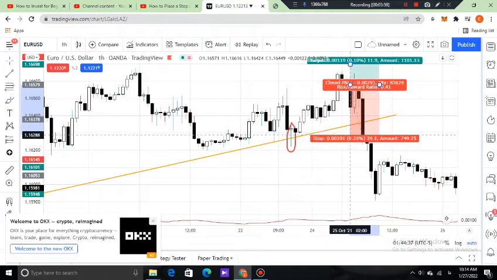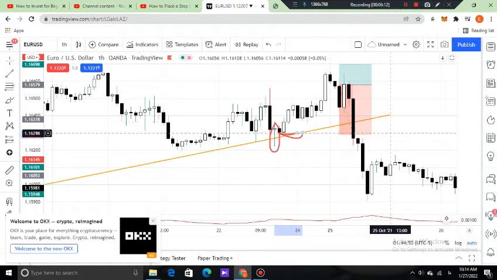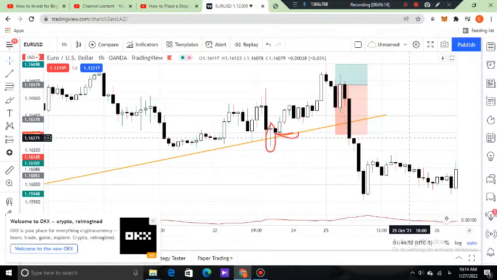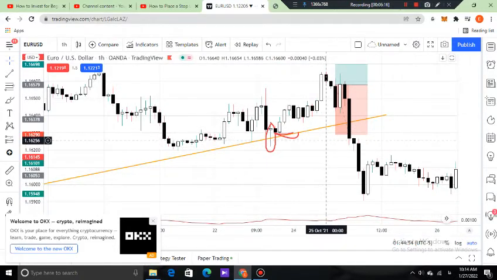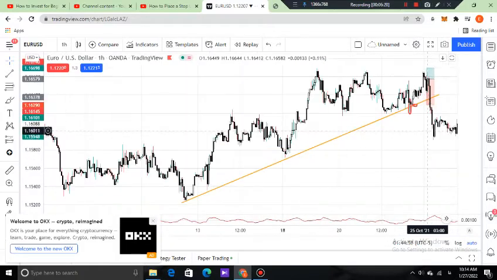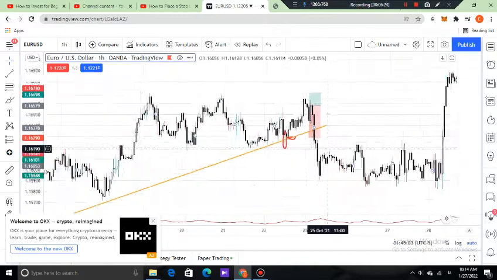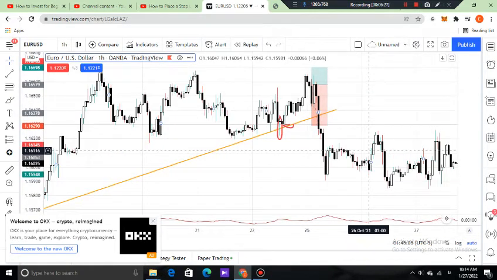You have another option. You can leave your stop loss below the previous leg. That's not a bad idea, but even with this stop, you still stop out because we have this strong breakout.